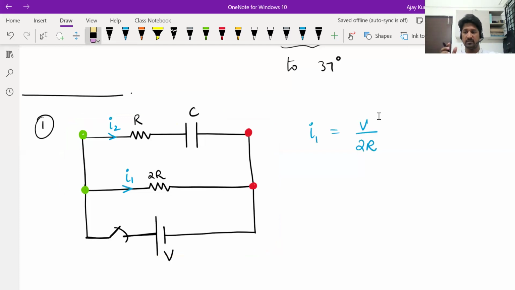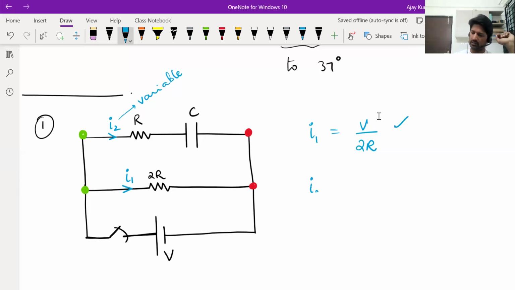Once the capacitor gets fully charged, I2 will become 0. So I2 is a variable current here. Basically, the branch having the capacitor will have a variable current in it. The other branch only has a resistor directly connected to the voltage, so there will be a constant current in that branch. Fine. We got I1.